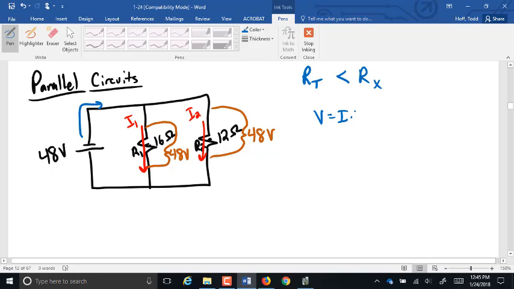Voltage equals current times resistance. We know that the voltage is 48 volts. We're looking for the current. And for I1, what's the resistance? 16. So we divide by the 16. 48 divided by 16 is 3 amps.